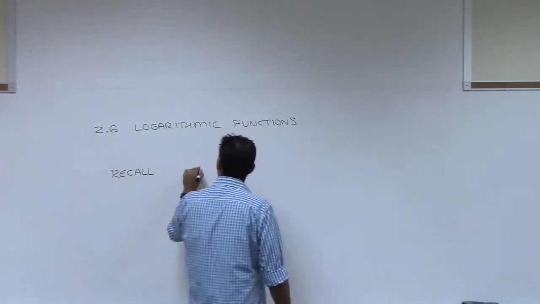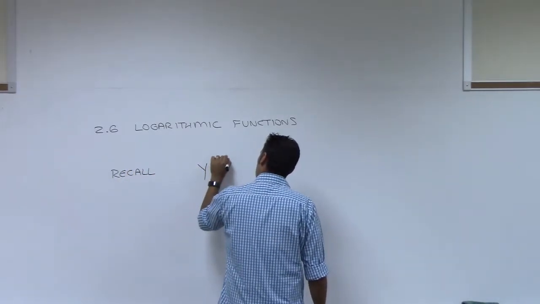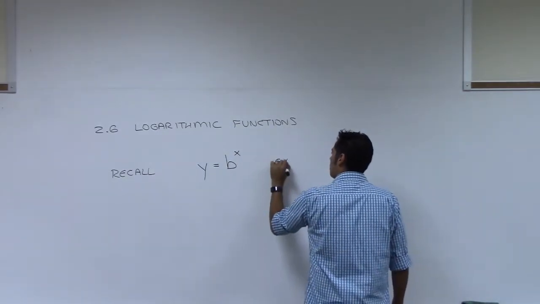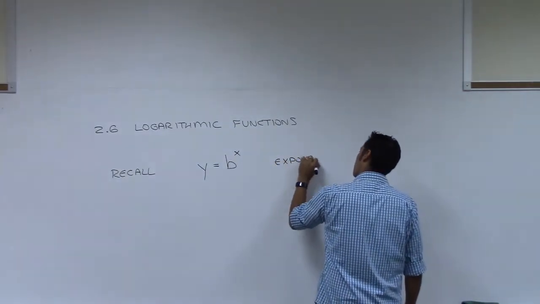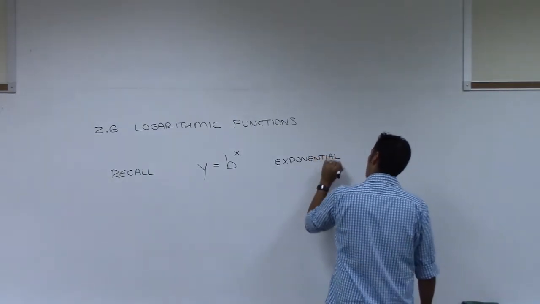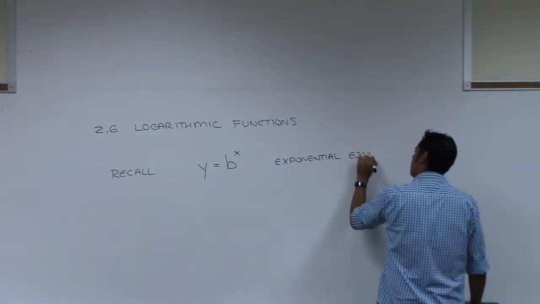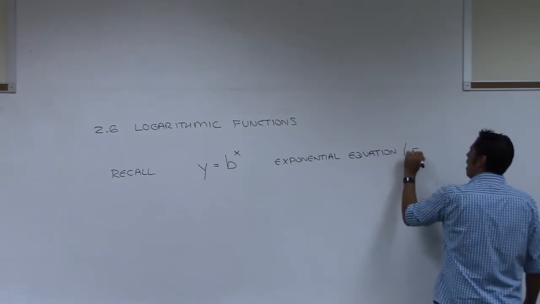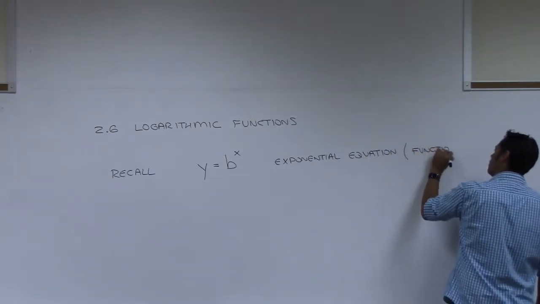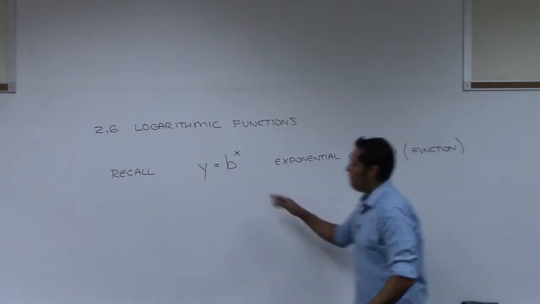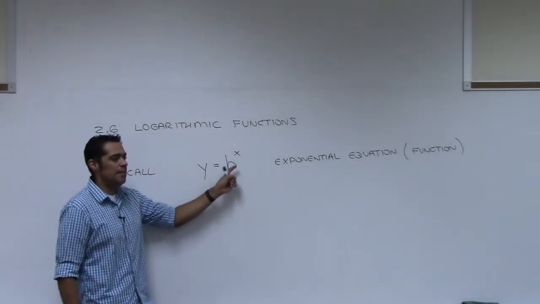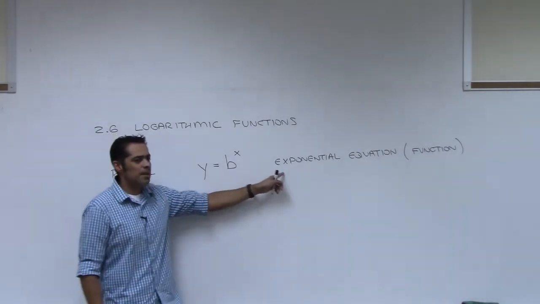that if I have y equals b to the x, this was called an exponential equation, or if you'd like, function. So y is equal to b raised to the x is an exponential equation.